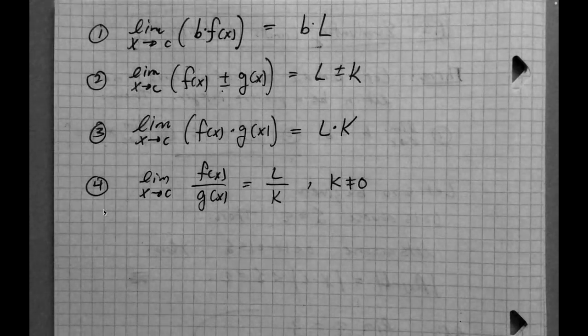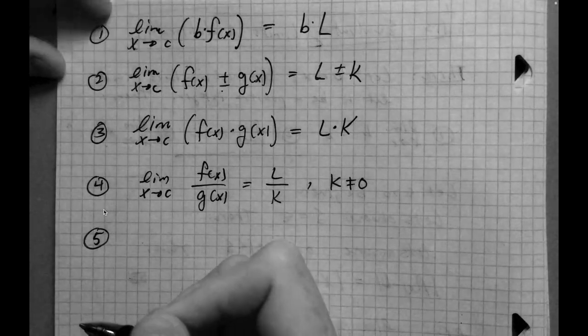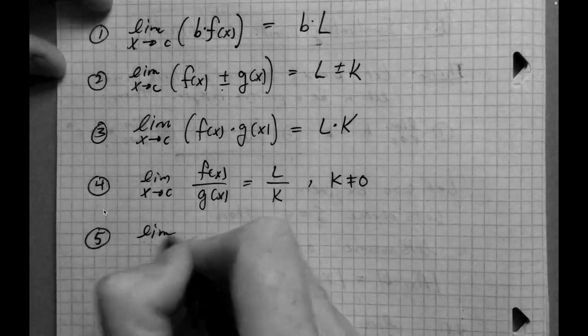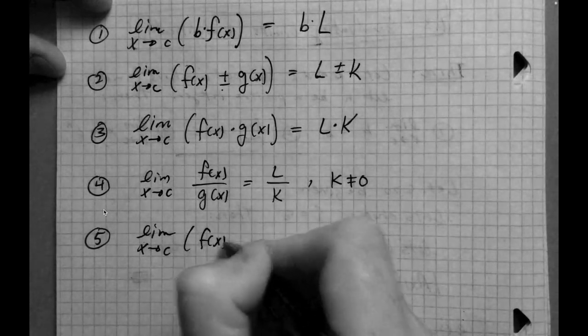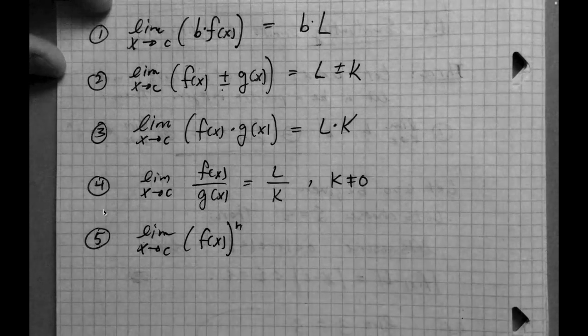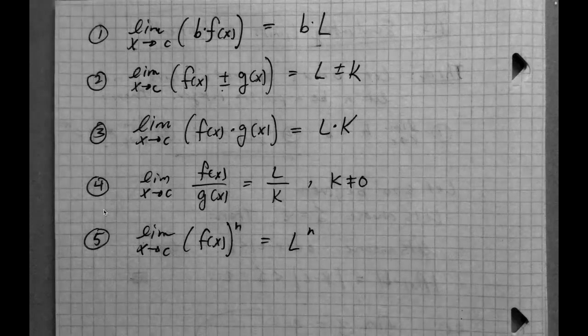And then the last item in this very nice theorem is that the limit as x approaches c of f of x, raised to the nth power, is just equal to the limit raised to the nth power.